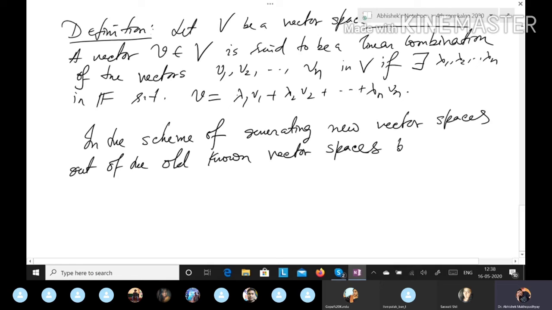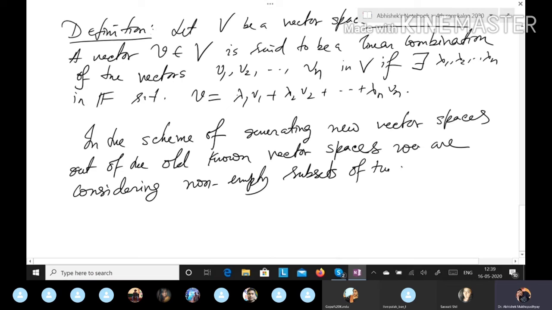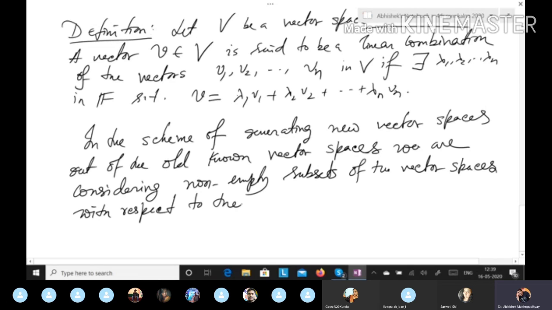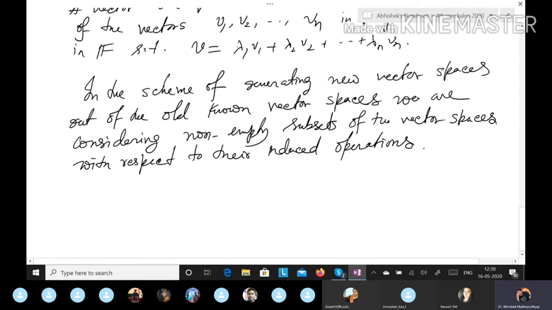We are considering non-empty subsets of the vector spaces with respect to their induced operations, the operations which lie in the vector space itself.